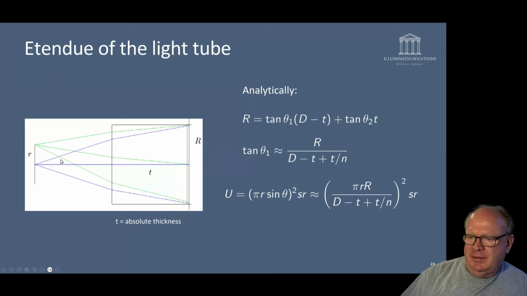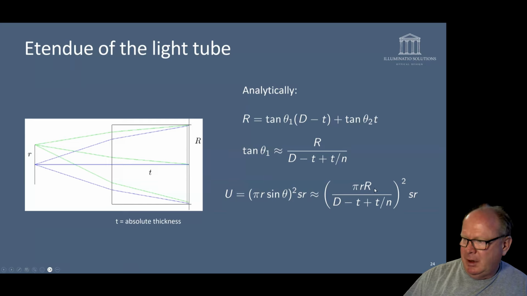We can calculate this analytically. Using Fermat's principle, I can calculate my marginal ray and where it goes by simply varying this intersection point here. And by taking these obtained rays into account, I get a formula which, under some assumptions, is given by this formula.